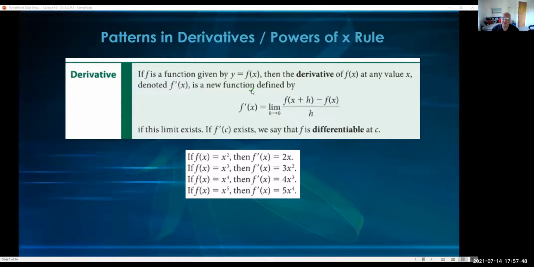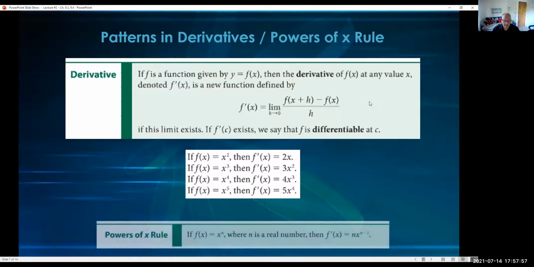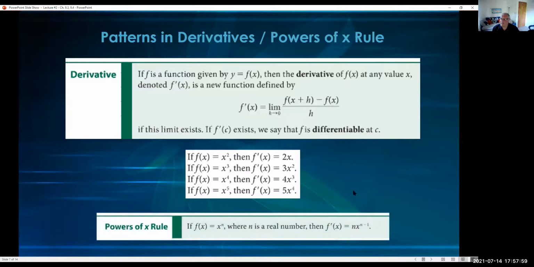So let's take a look at some of these. Powers of x rule. If we have something like x to the n, it's n times x to the n minus 1, right here.